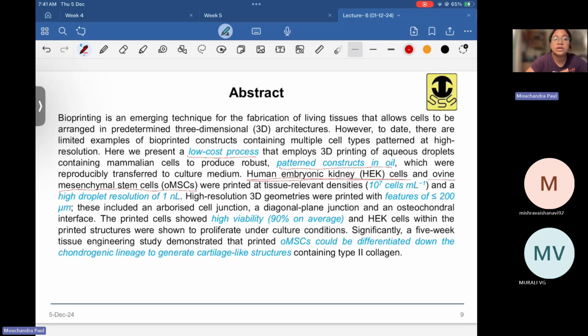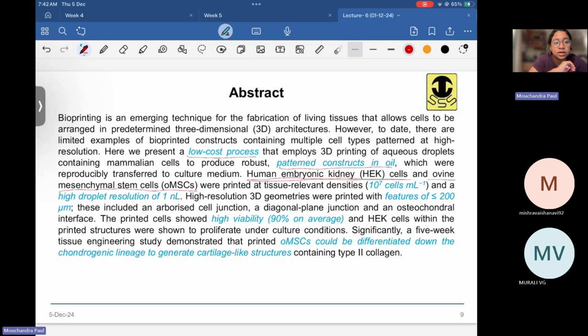I guess both of you were present in my tissue engineering course, which I took last year. There we talked about clinically meaningful cell numbers, right? Our body has around 10 to the power 14 cells, and at the tissue level, it is around 10 to the power 5 to 10 to the power 7 cells.